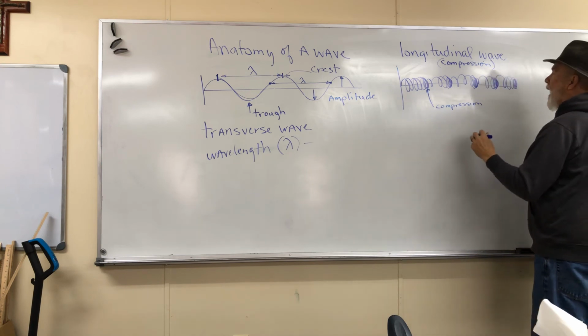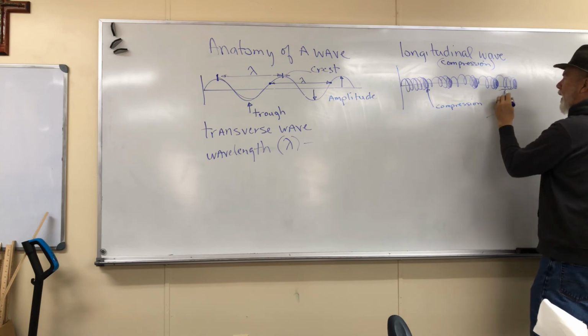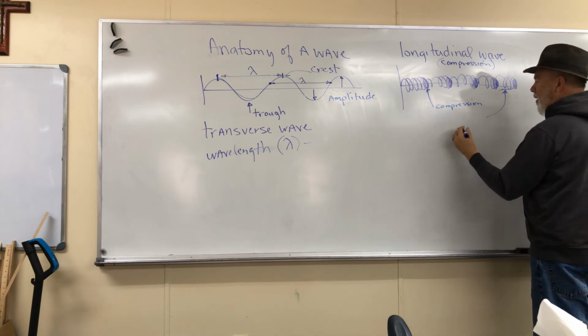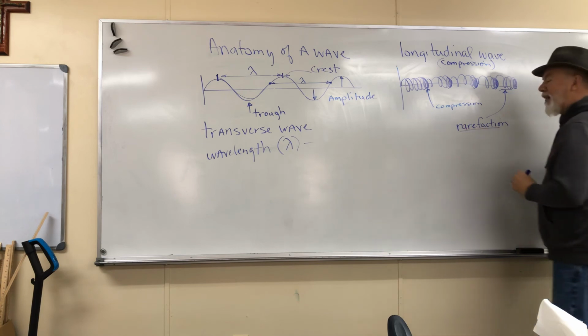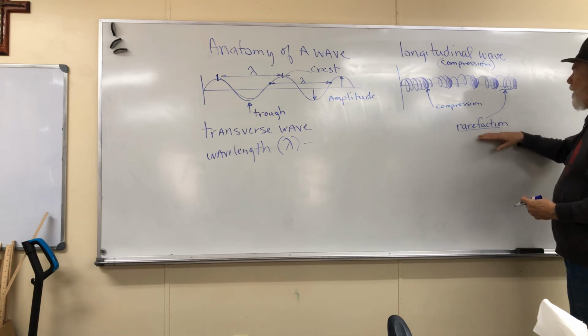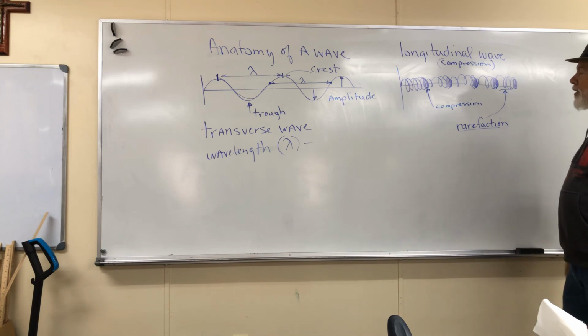The part that I always thought was difficult to remember is the part right here where it is not compressed, where it's stretched out. And that place is called a rarefaction. Rarefaction. Now that's a word that very few people have in their vocabulary before today, so make sure that you write that down and know that that's the space in between the compressions.